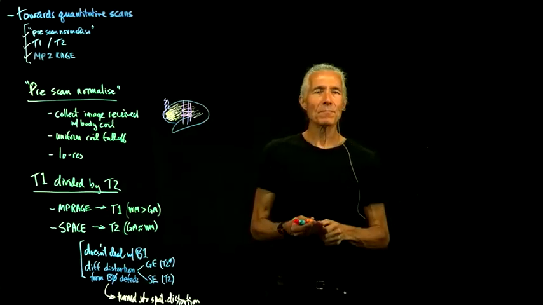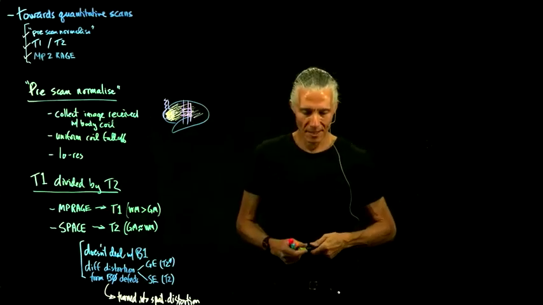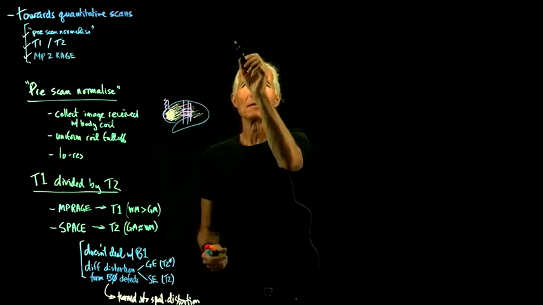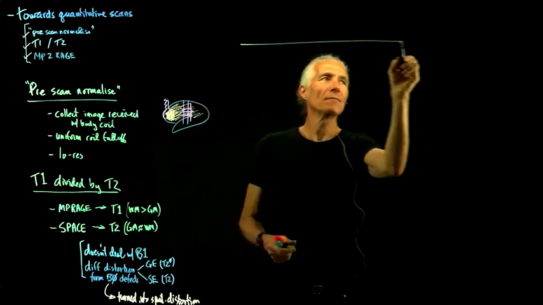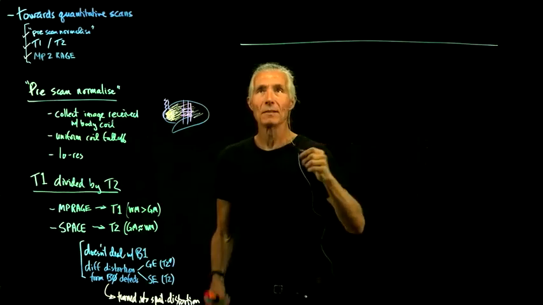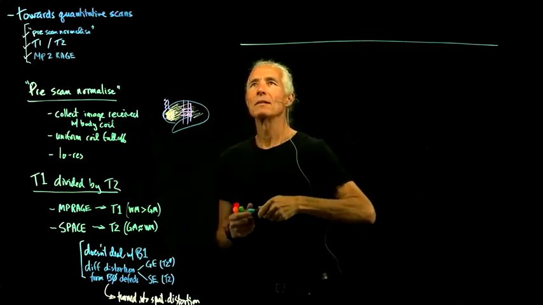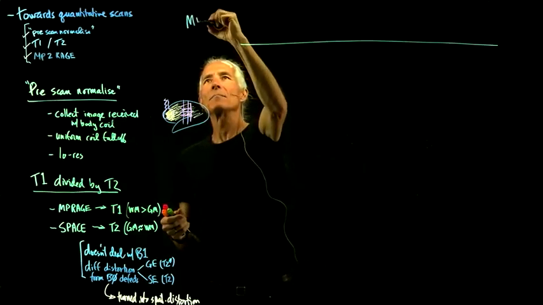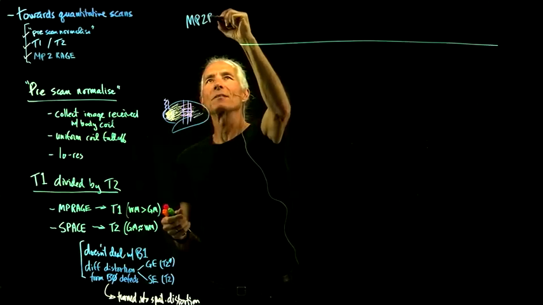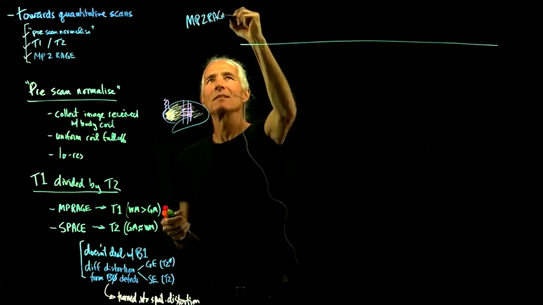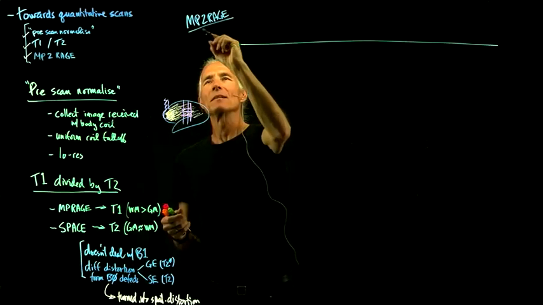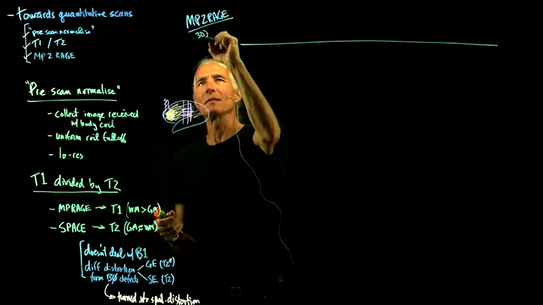So what this one looks like is we've got the RF up here. So this is MP2RAGE. We have this on the scanner too. MP2RAGE, 3D. It's a 3D scan.